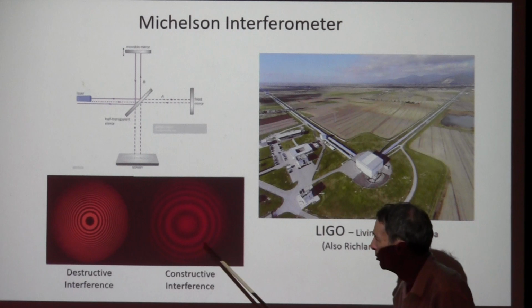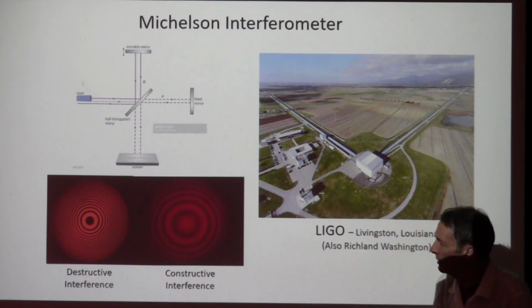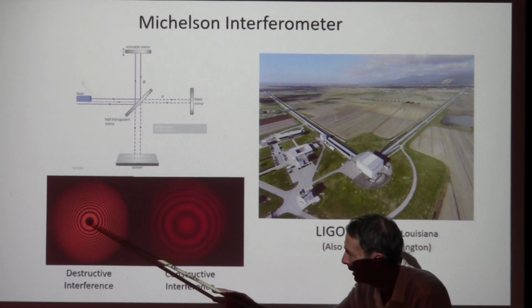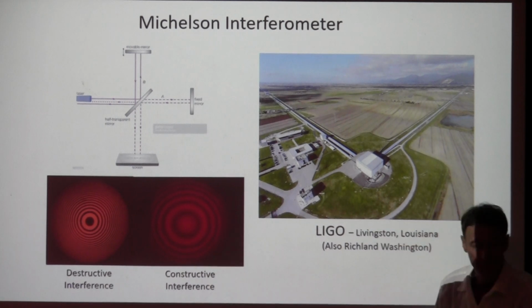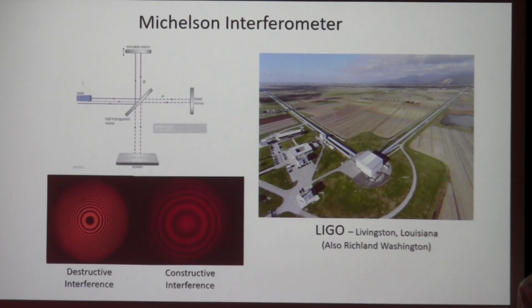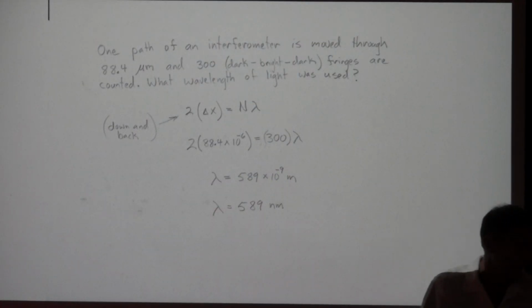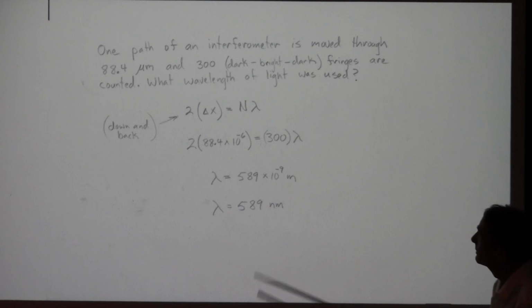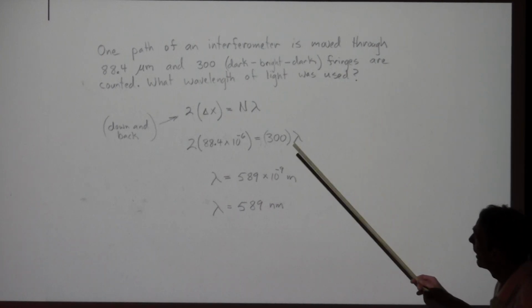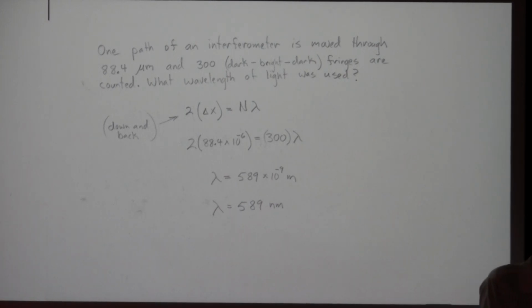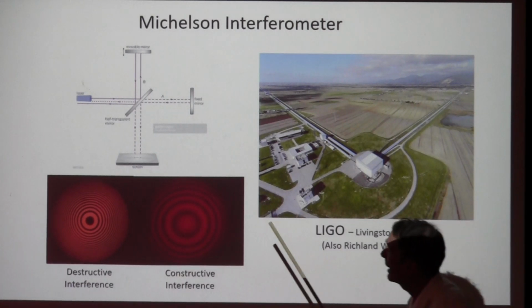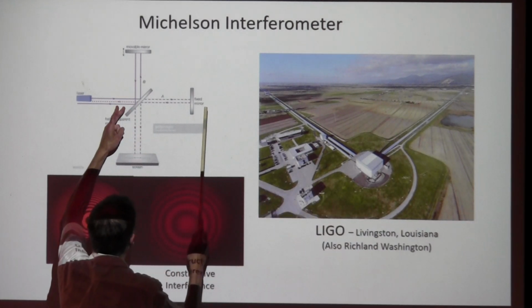Anyway, you saw the bullseye pattern between destructive, where we would have 0, and constructive, where we have a bright spot. Okay, typical problems on this. The idea of the interferometer, what really matters is going to be the path difference.